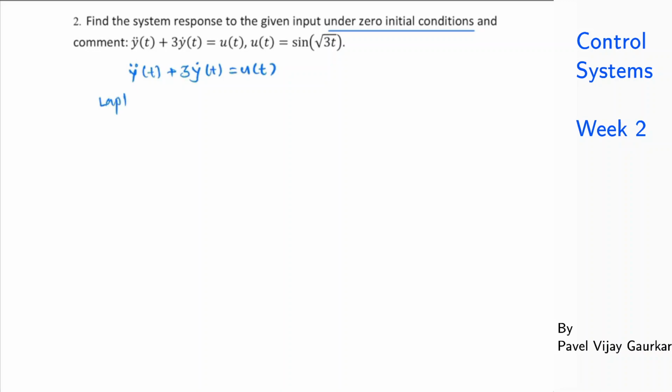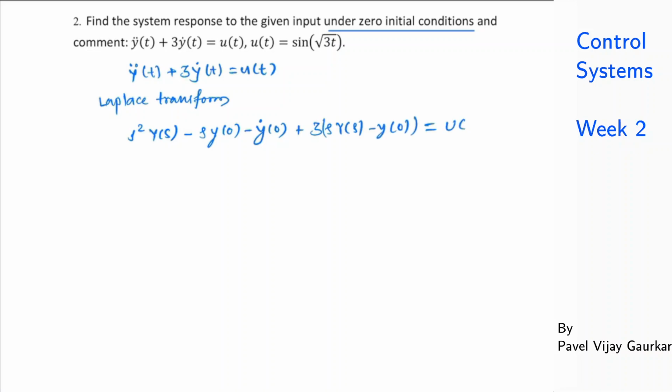Taking the Laplace transform, we get s square Y of s minus s into y of 0 minus y dot of 0 plus 3 into s Y of s minus y of 0 is equal to U of s.